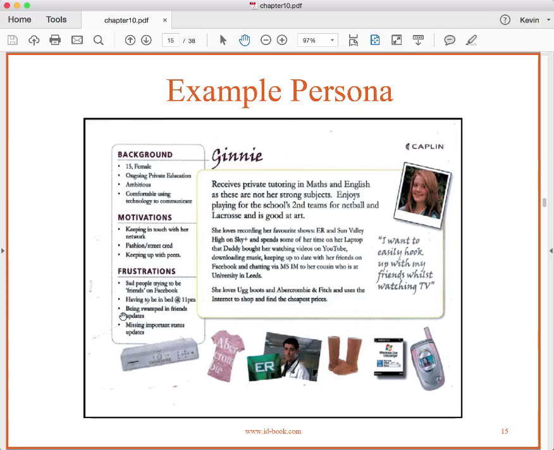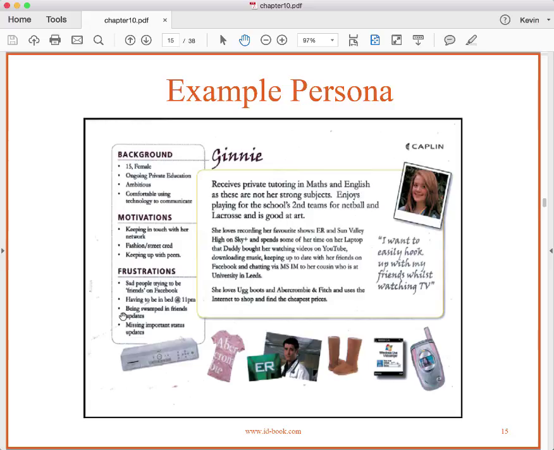Here's an example of a persona. The persona has a name, Ginny. Ginny has a photo. She has a story. She also has some bullet points: her background, her motivations, her frustrations.